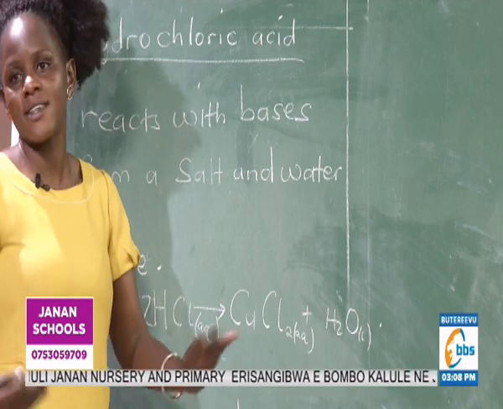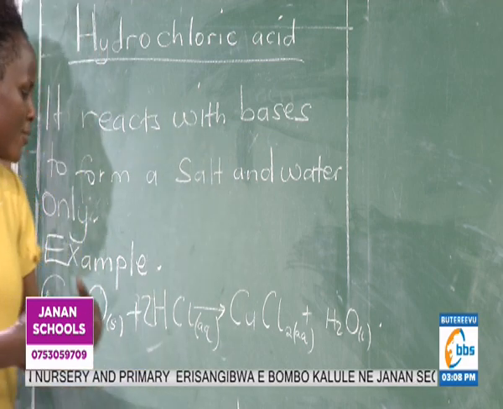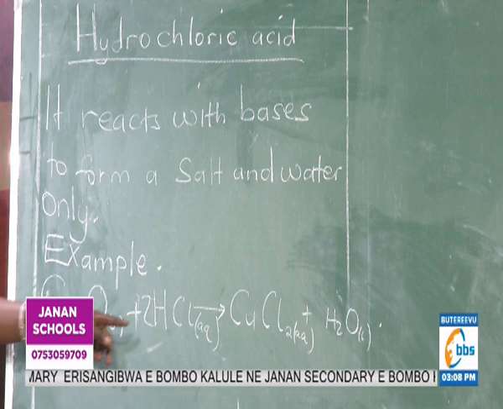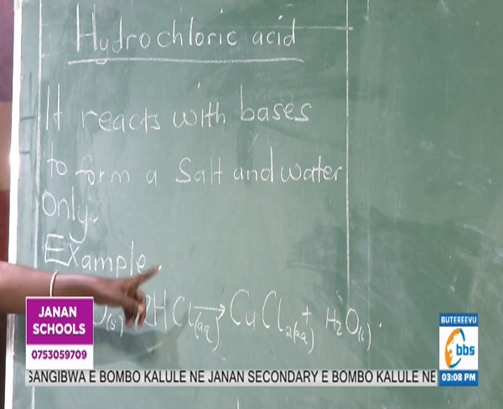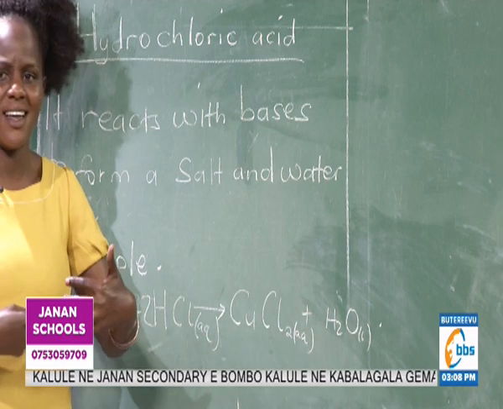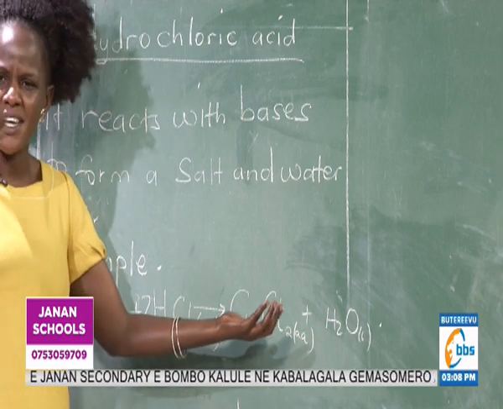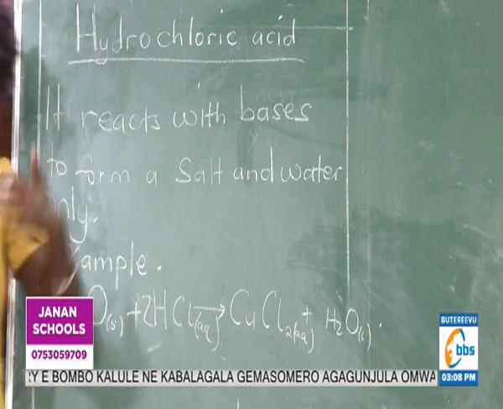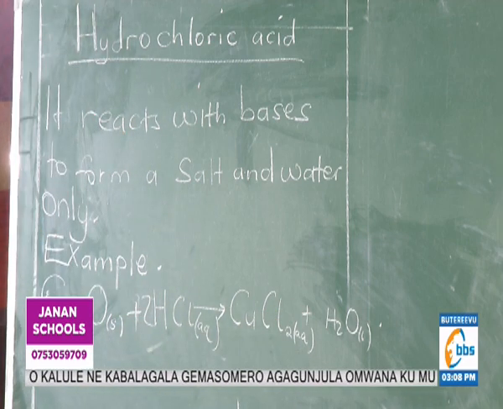And then our water is a colorless liquid. Therefore, what do you observe? You observe that a black solid dissolves in a colorless solution to form a blue solution. The color of water, since it's colorless, will be masked, shadowed by the blue color of copper 2 chloride.